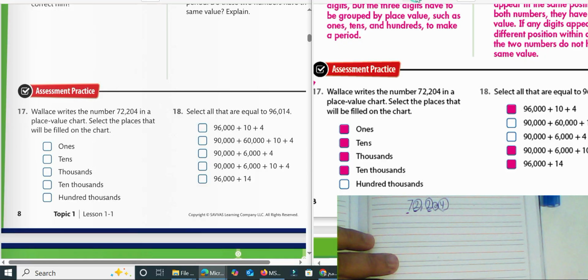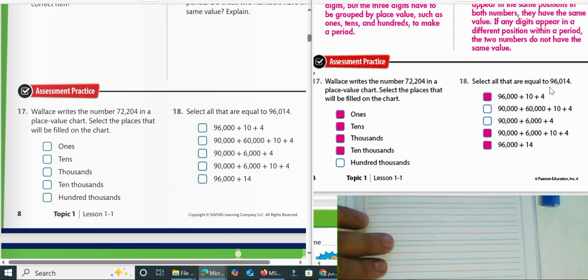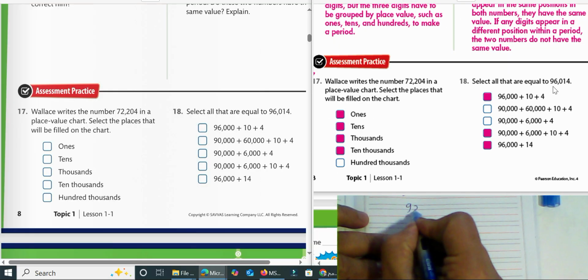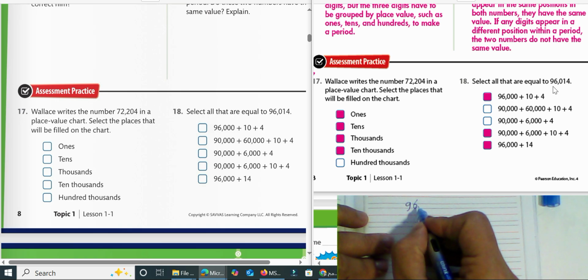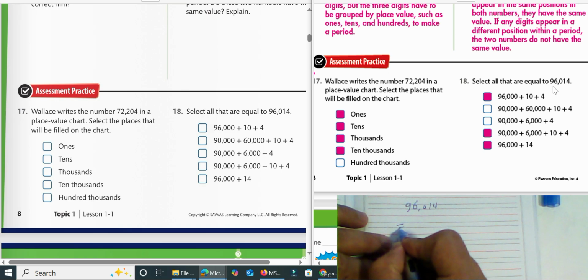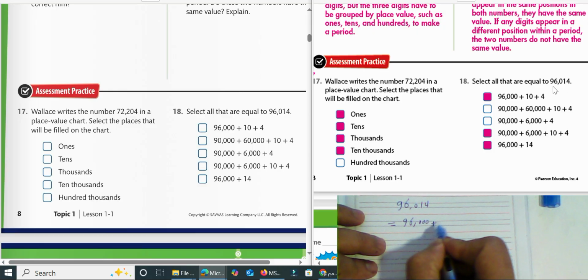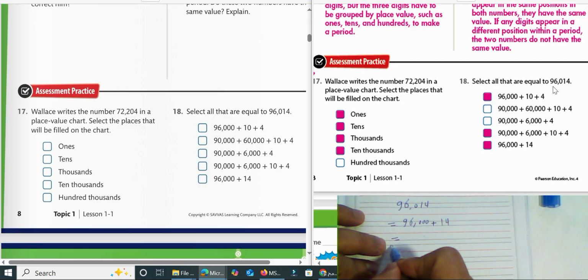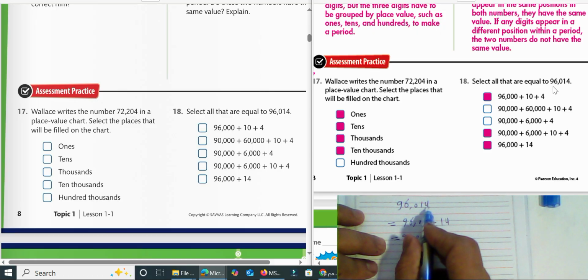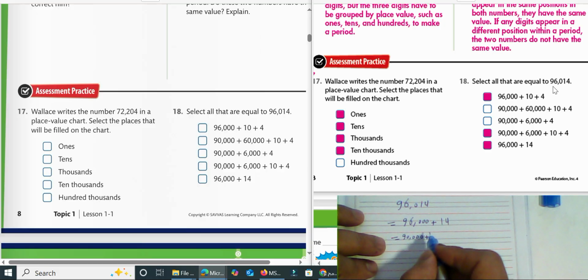Question 18. Select those that are equal to 96,040. We can write the value of the digits here. First, we can write 96,814, or you can write also 90,824. The value of digit 1 here will be 10, and we have 4.